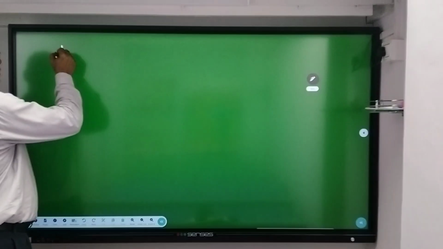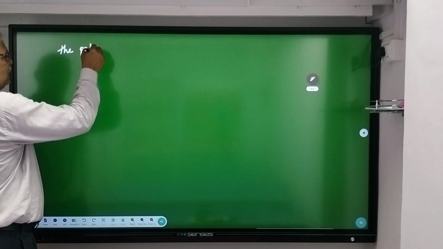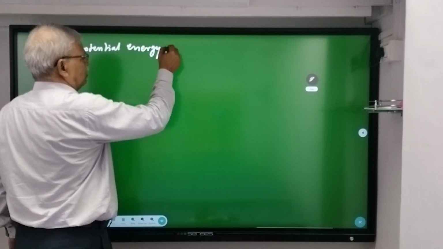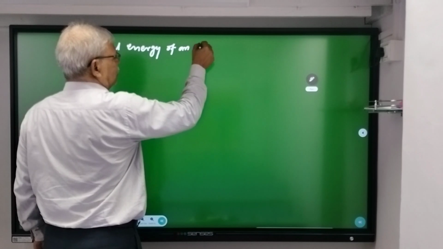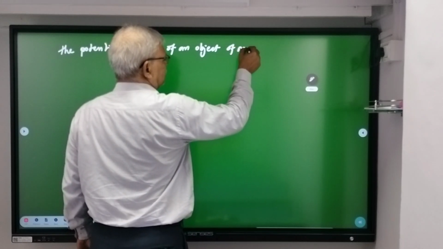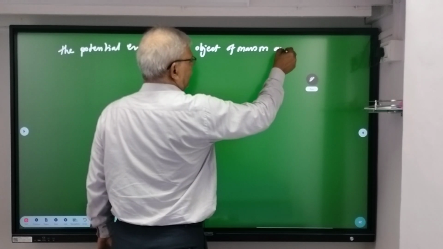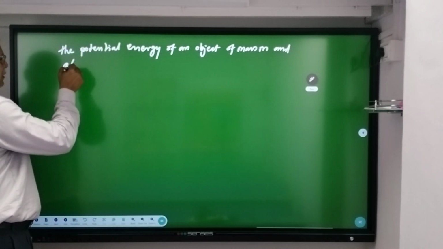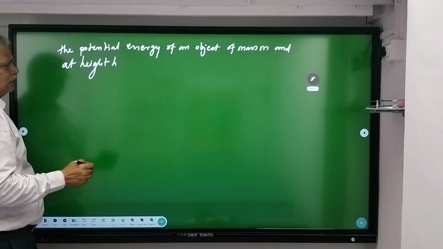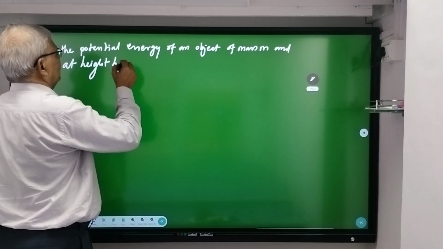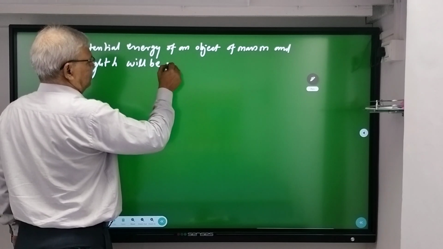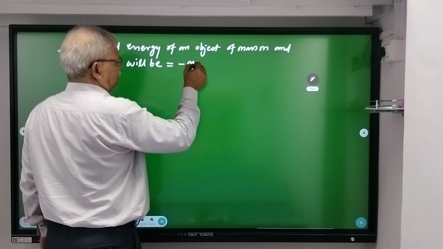Therefore, the potential energy of an object of mass m at height h will be equal to mgh.